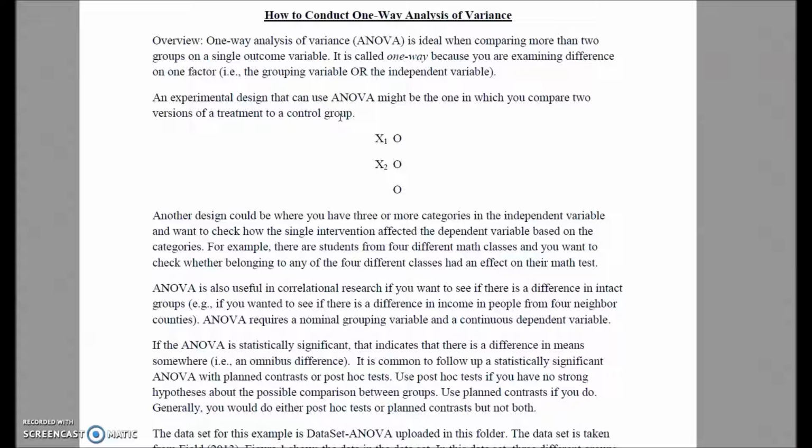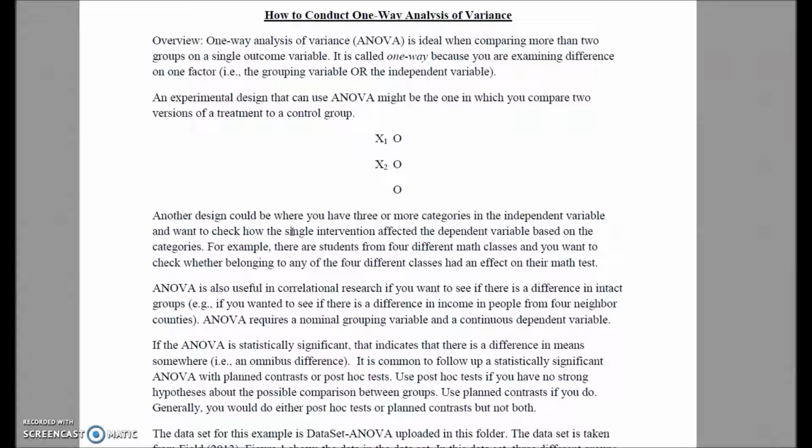Another way that you can look at this is if I have 3 or more categories of an independent variable and I want to check how a single intervention affects the different categories. Like if I have age as a category and I have 20-year-olds, 30-year-olds, 40-year-olds, 50-year-olds, and I want to see how 15 minutes of exercise affects them.